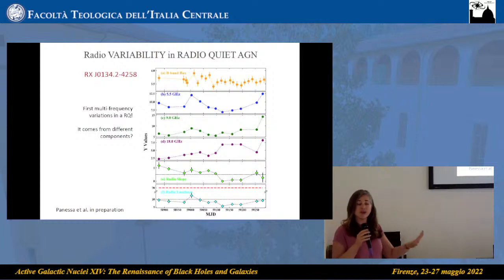So I think there is a component that comes from that side. And about decreasing the radio luminosity, yes, I agree with you. It's hard to explain. So I don't have an answer now, but still we're working on this source. It would be interesting to see why.